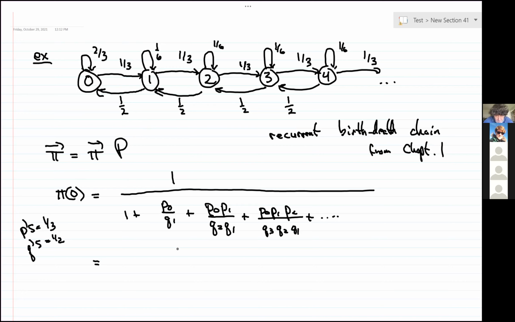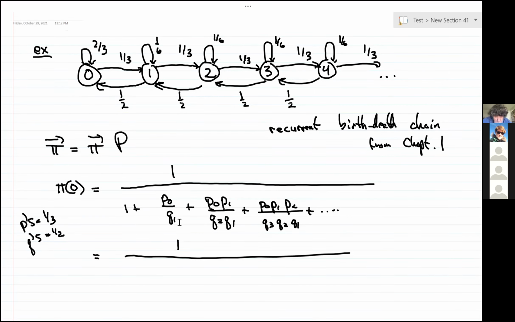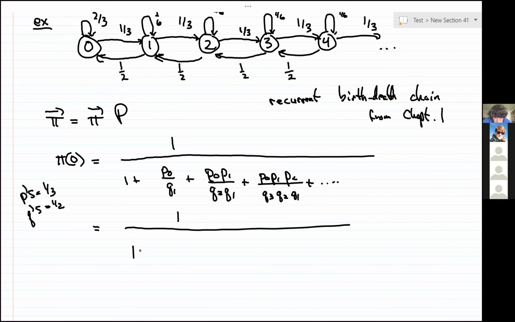Let's do that. 1 over 1 plus p0 is 1/3, and the q's are 1/2. And here, each of the p's are 1/3. There's 2 of them this time. And the q's are each 1/2. And so forth.